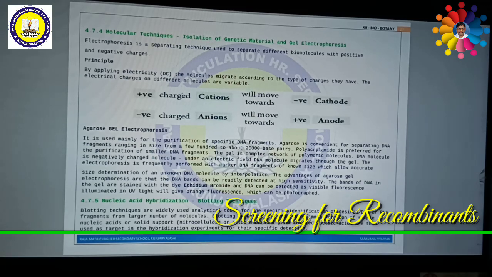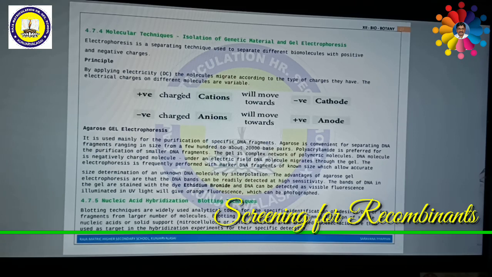Next, we are going to see nucleic acid hybridization blotting techniques. What is blotting? Blotting is a technique widely used as an analytical tool for specific identification of desired DNA or RNA fragments from a larger number of molecules.